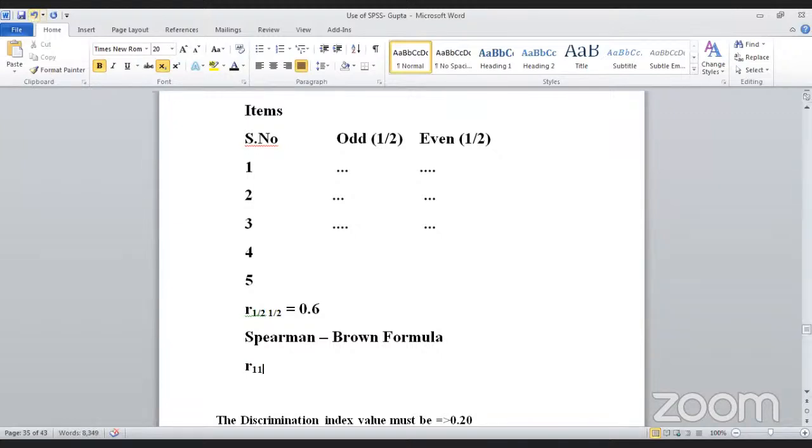R11 means the full tool. It's not half. Full tool with the full tool. This is equal to 2 multiplied by R half-half. Why have we multiplied by 2? Because when R half-half is multiplied by 2, it becomes full.